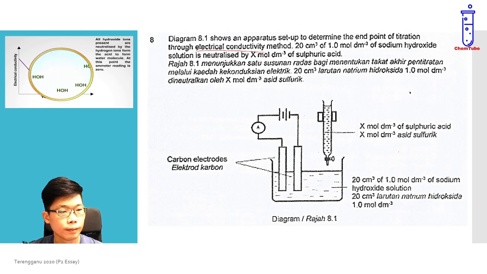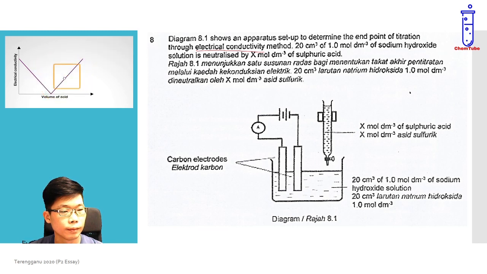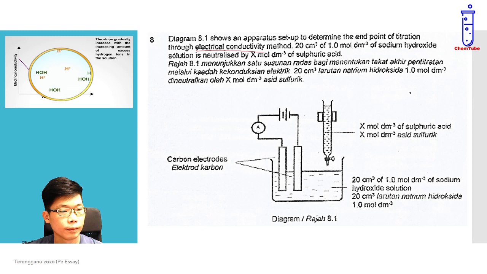At this point, the ammeter reading is 0. All hydroxide ions present are neutralized by the hydrogen ions from the acid to form water molecules. As more and more acid is added, the ammeter reading increases gradually. This is because there is an excess of hydrogen ions present in the solution.